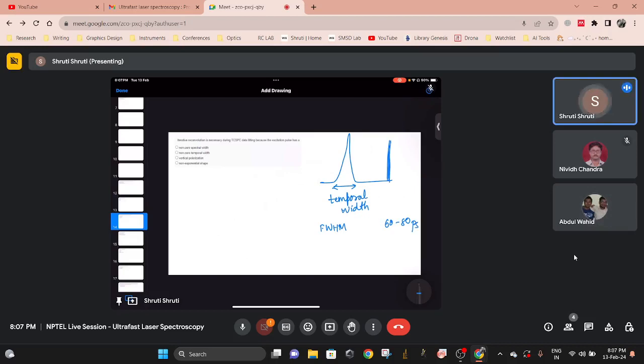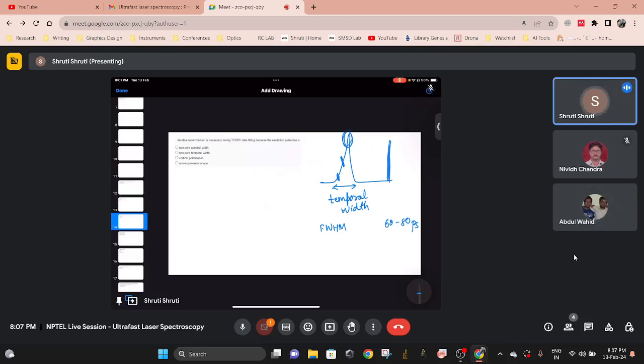So when this part hits the sample, some population gets excited and starts decaying. When the next part hits, another population of the sample gets excited, and most of the sample gets excited when the peak of the pulse hits.